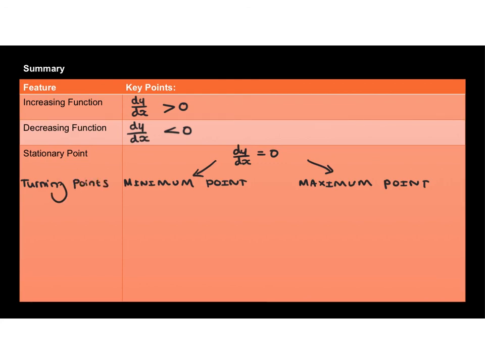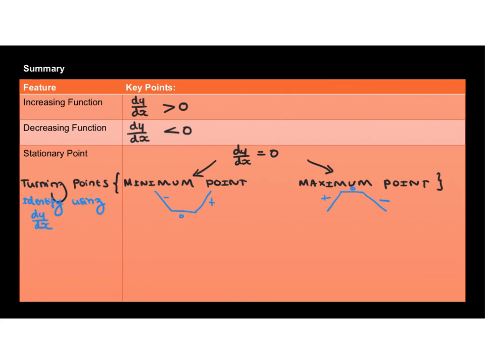So turning points include simply minima and maxima. Now, how do we know if we've got either of these? Well, we can use the first derivative. Remember, for a minimum point, the first derivative changes from negative to 0 to positive. And for a maximum point, the first derivative changes from positive to 0 at the maximum point to negative again. So we can identify turning points using the first derivative.